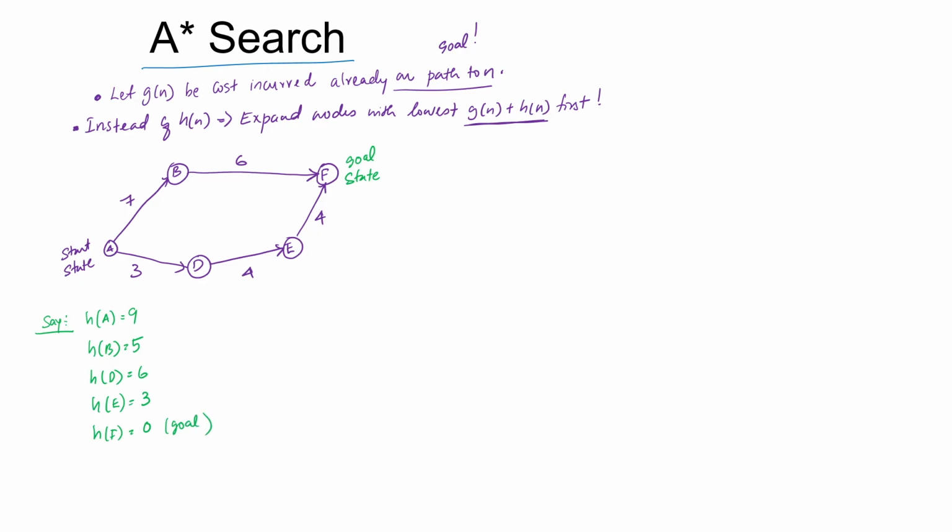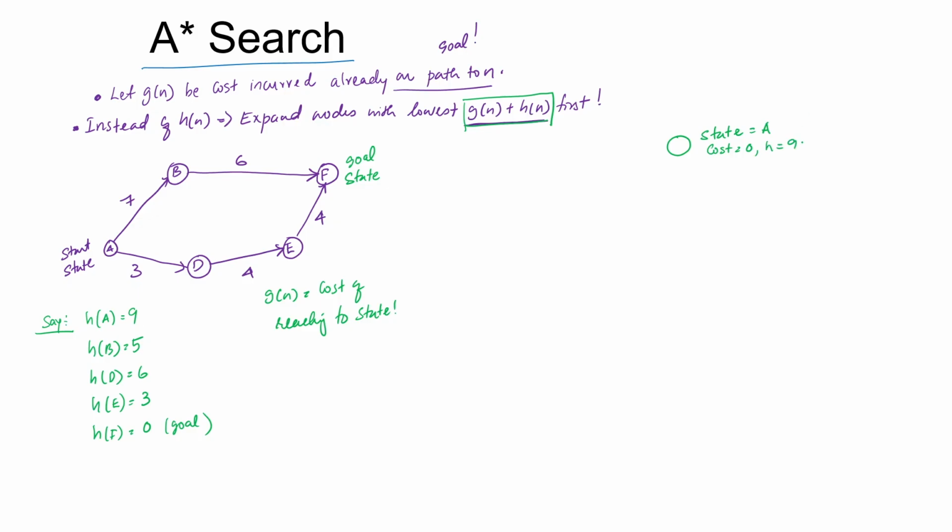Now, how do we do this? Instead of choosing on the smallest H, let us do the G n plus H n. Now, the new logic is the G n plus H n. G n is the cost of reaching the state. So, our starting point is as usual state equals A and the cost is equal to 0 and h is equal to h of A is 9.